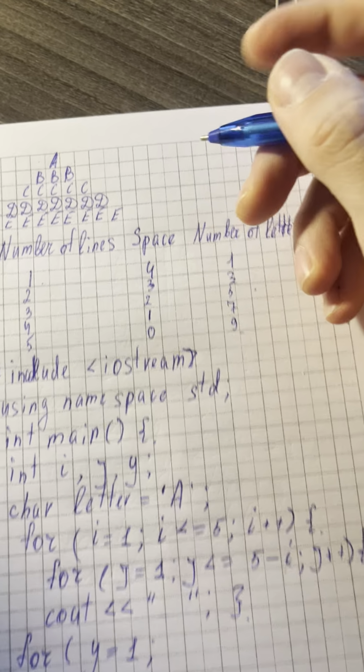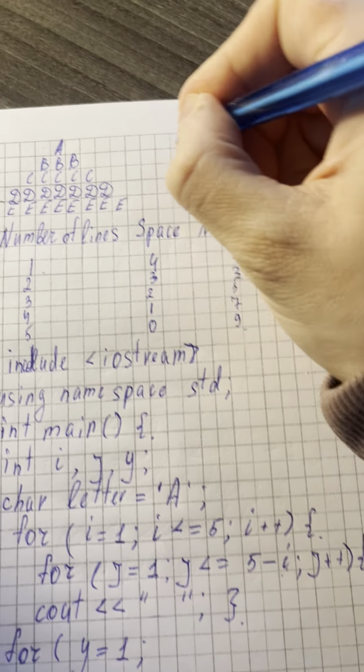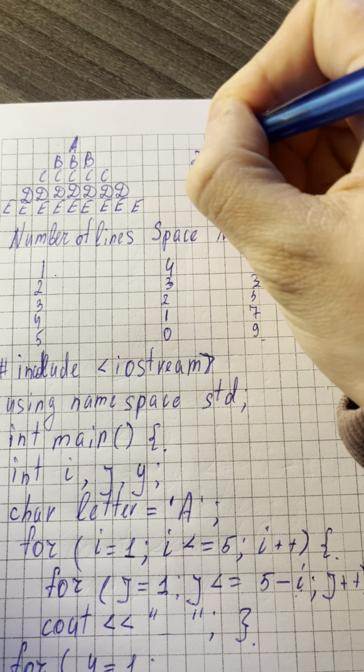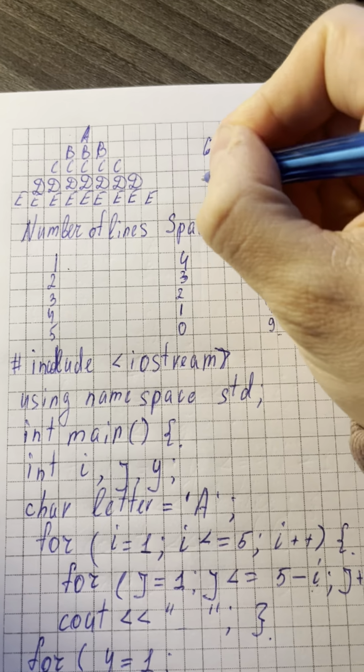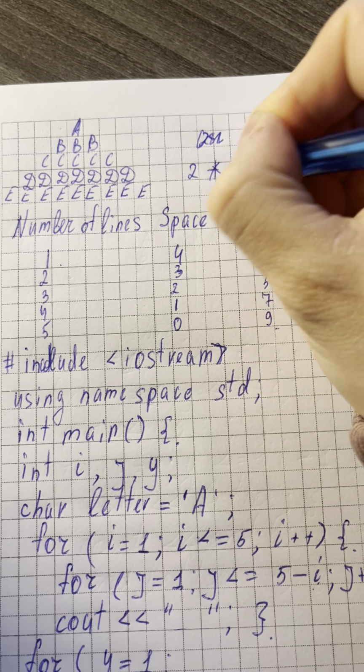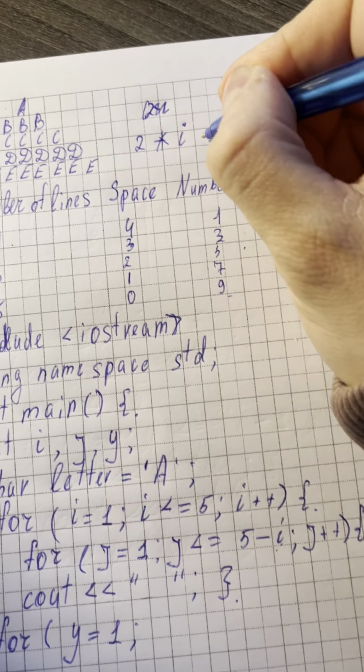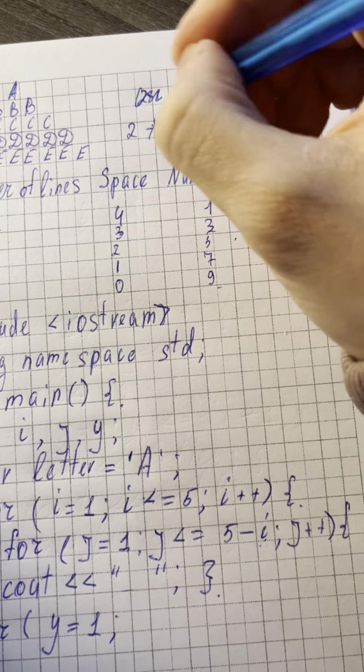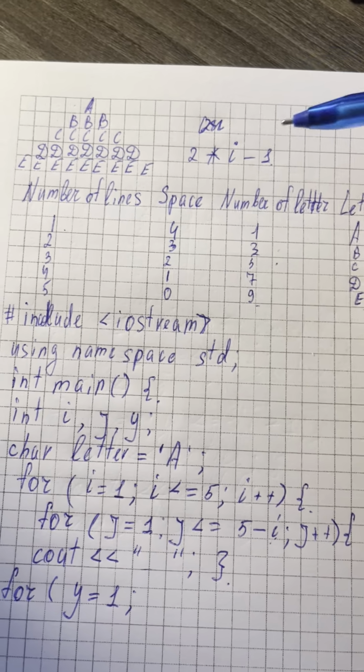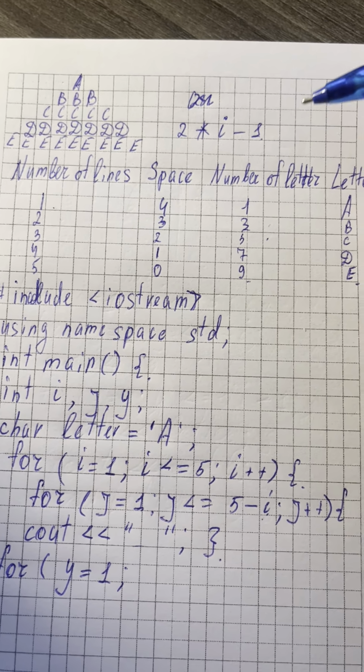The solution is a formula like 2i minus 1. It's a formula of the amount of letters on each line.